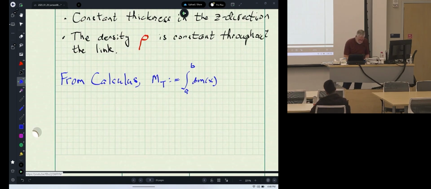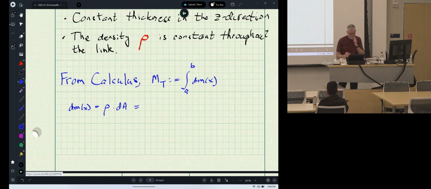So dm of x is rho times dA. Excuse me, should be d volume. And the volume I get by taking area times the thickness. So it equals rho times h times differential area.